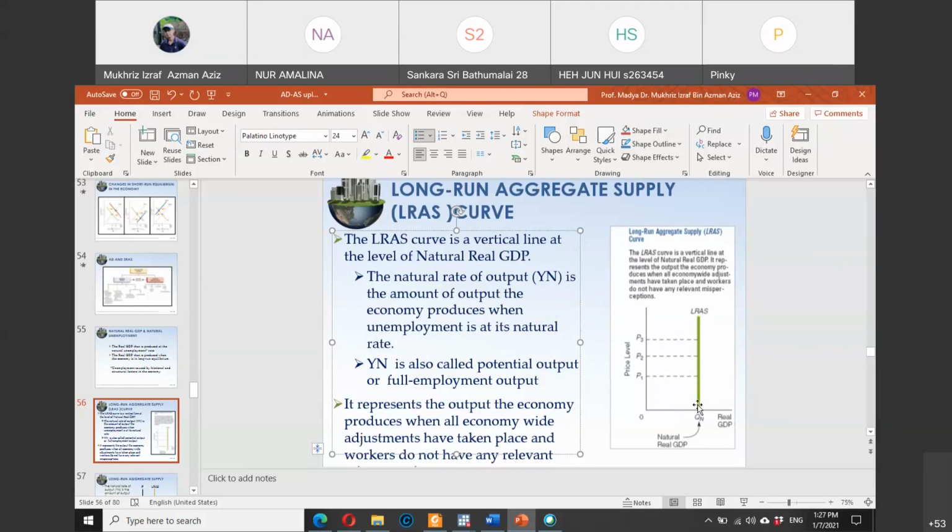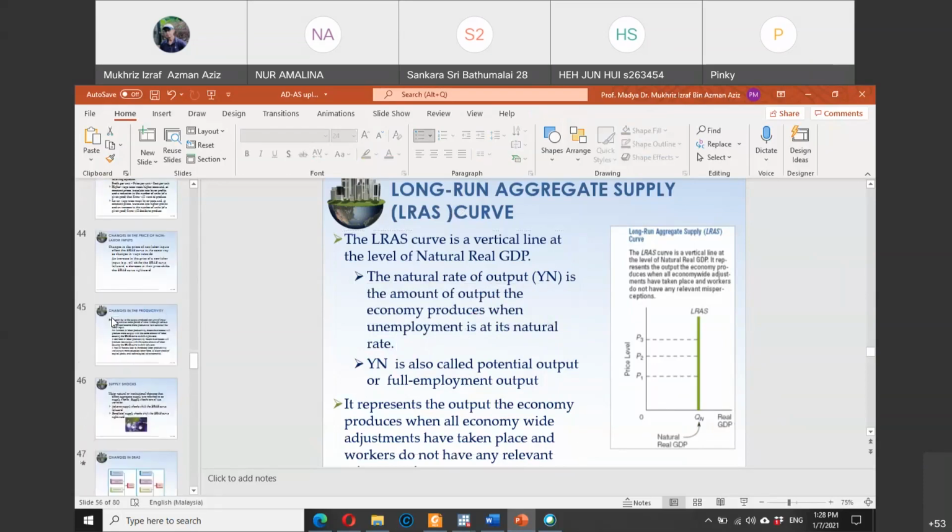It shows the quantity of GDP when unemployment is at the natural rate. The point where the long run supply curve cuts the x-axis, the GDP output, is what we call natural real GDP, reflecting the amount of unemployment at the natural rate.